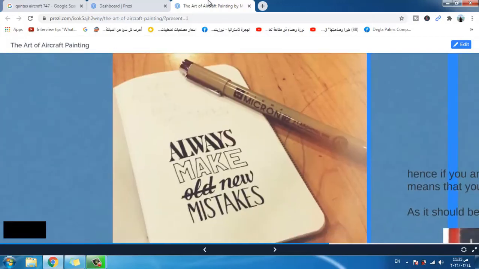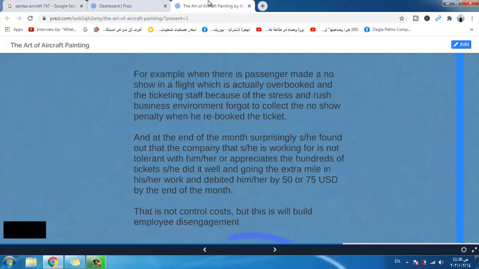Always make new mistakes. For example, when a passenger is a no-show on a flight which is actually overbooked, and the ticketing staff, because of stress and a rushed business environment, forgot to collect the no-show penalty when he rebooked the ticket.